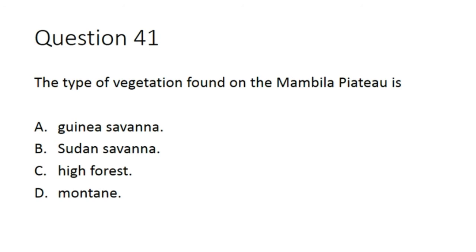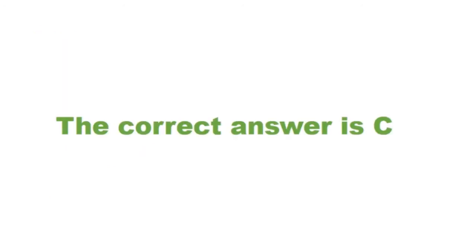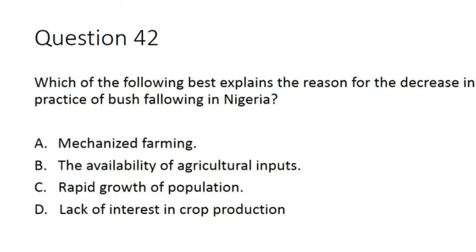41. The type of vegetation found on the Mambula Plateau is A. Guinea savanna, B. Sudan savanna, C. High forest, D. Montane. The type of vegetation found on the Mambula Plateau is the high forest, which is option C. 42.